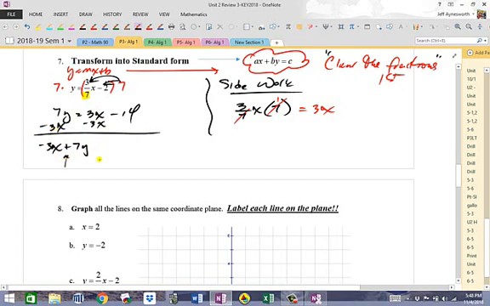These cancel and you get negative 14. If you don't want to take the opposite of everything, you get 3x minus 7y equals positive 14. If you saw this in the back of the book, this is the same, if you take the opposite of all three terms. But you're good here.